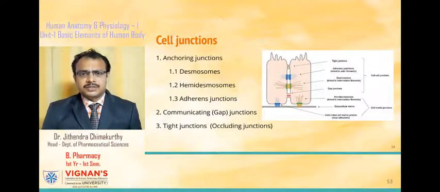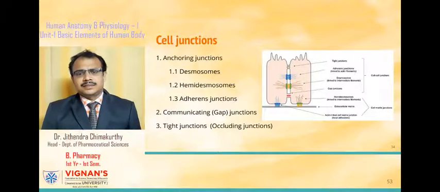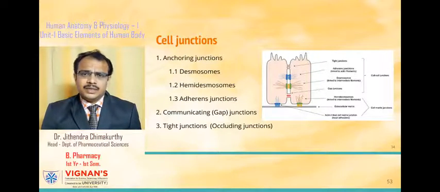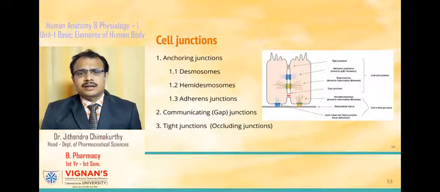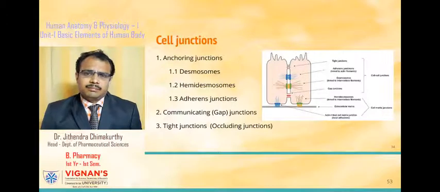Anchoring junctions. As the name itself suggests, these junctions anchor the cells. Anchor the cells in the sense they give a grip or support to the cells. And these anchoring junctions can occur either between two adjacent cells or between the cell and the extracellular matrix.